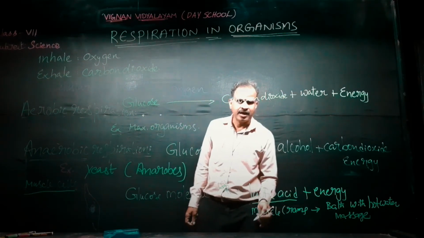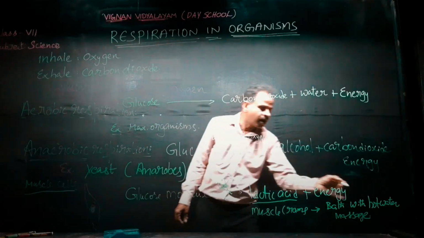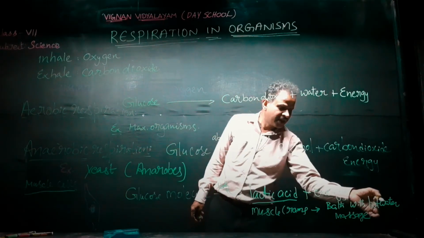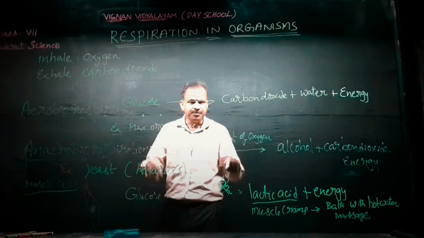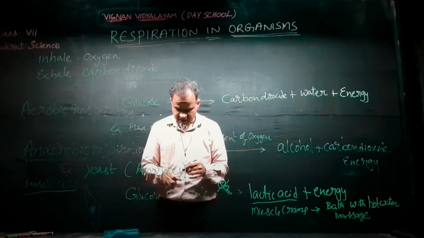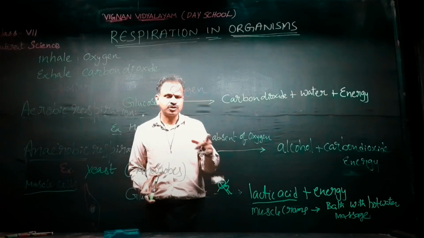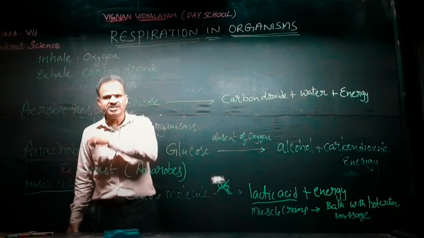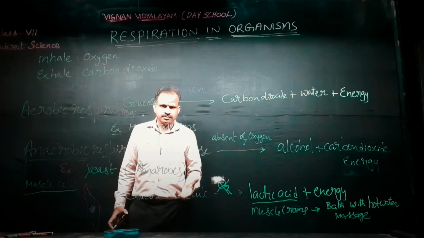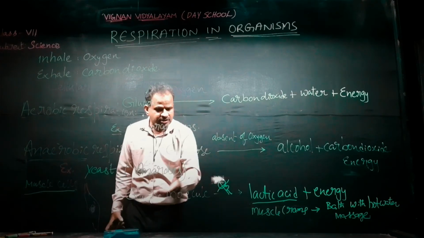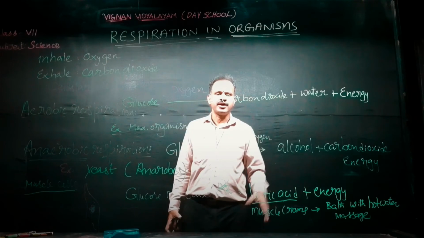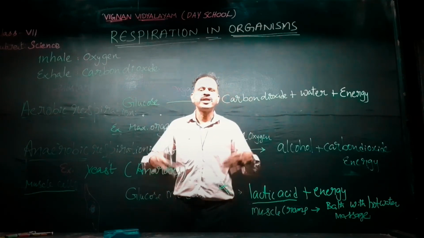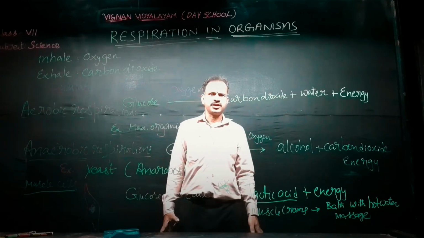By having a hot bath or body massage, it improves the blood circulation. Blood is transported to each and every cell. So this oxygen splits the lactic acid into carbon dioxide, and we can exhale the carbon dioxide.